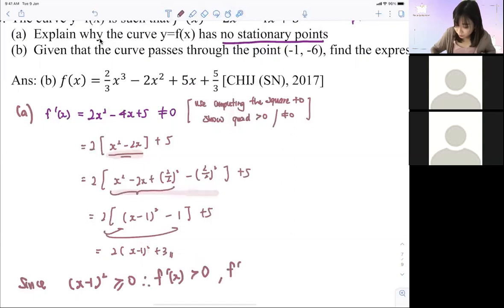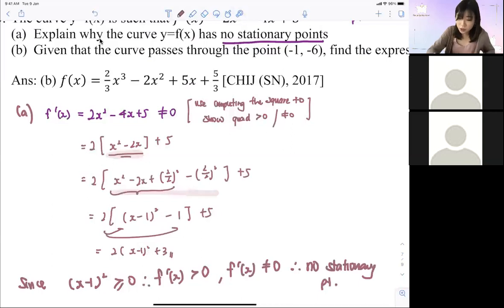Okay, f prime x cannot be equal to 0, therefore no stationary point. Okay, you must say one by one. This is at least 3 marks, okay? I think 4 marks. 2 marks here to prove completing the square. 2 marks here to explain this one.